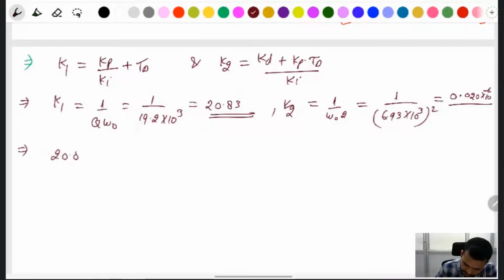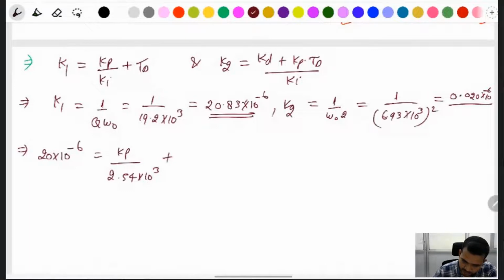K2. Take here K1 is equal to 20.83, Kp divided by Ki, I find 2.54 into 10 to the power 3. Microsecond, I think 10 to the power minus 6, plus tau d.